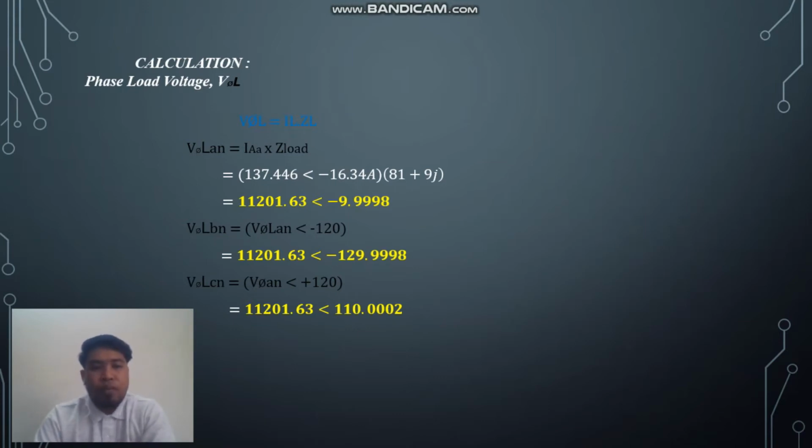For this calculation we have a similar result but different angle. For A, B and C load, the result we will get is 11201.63 volt but different angle.